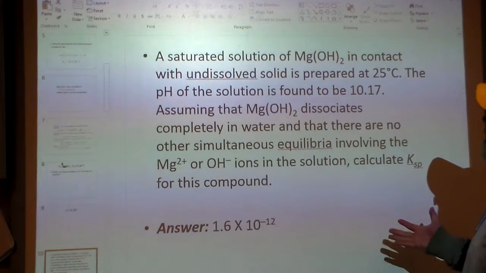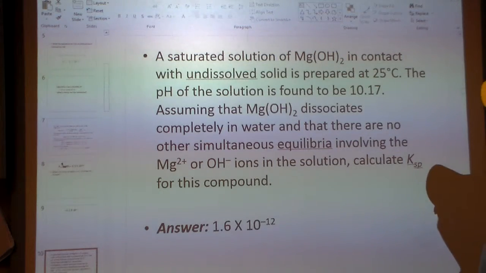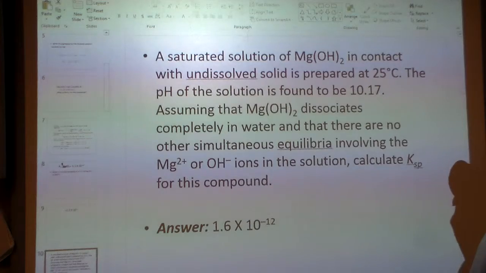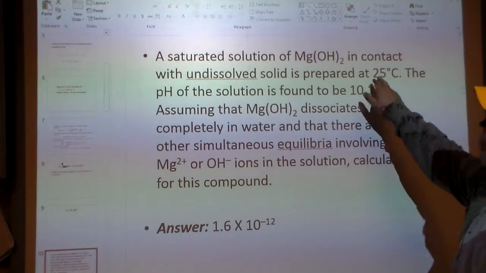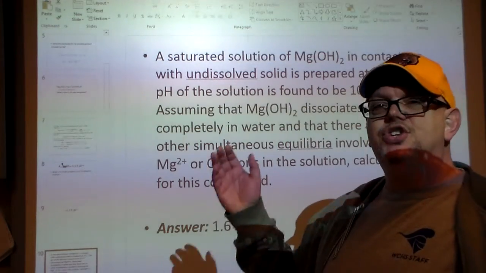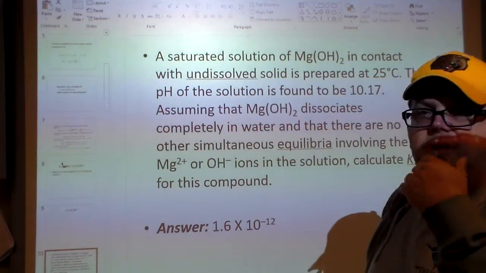So, in here we have a saturated solution of Mg(OH)2 in contact with undissolved solids prepared at 25 Celsius. Now, I want to point something out about the Ksp. The only way the Ksp changes is if you change the temperature. Now, stop and think about it.